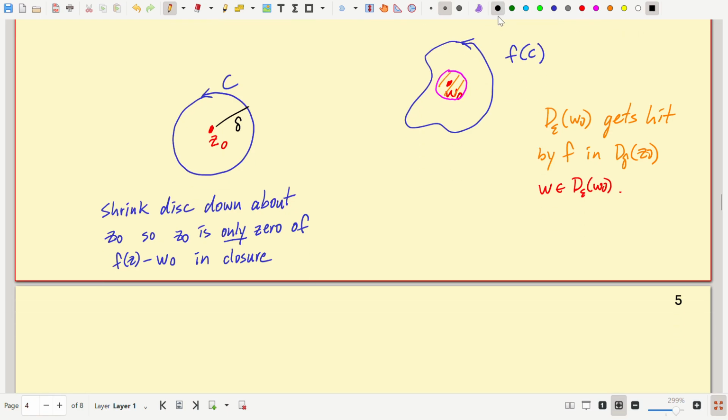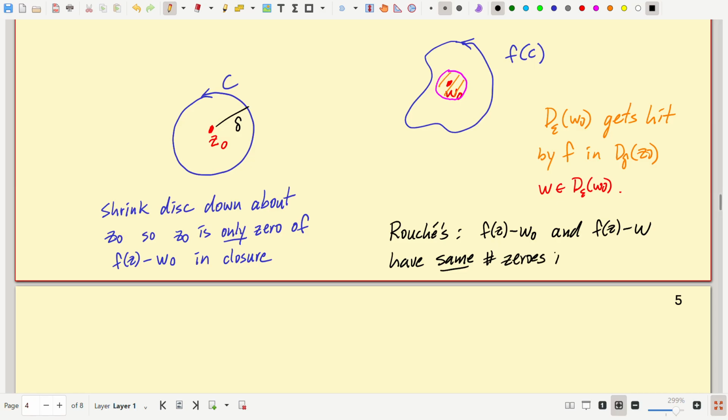Rouché's is going to show me that f of z minus w naught and f of z minus w have the same number of zeros inside that circle.